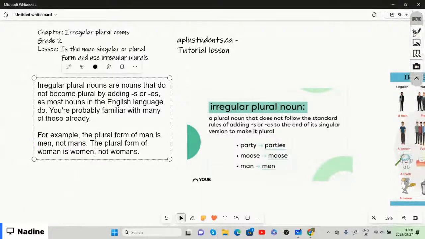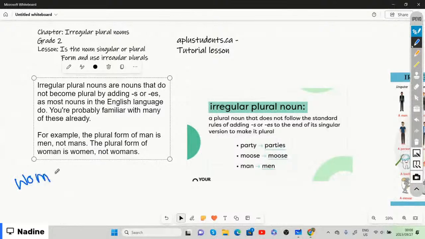It's the same with woman. Woman is referred to one lady, one woman. But as soon as we want to make mention of more than one woman, we say women, with an e.